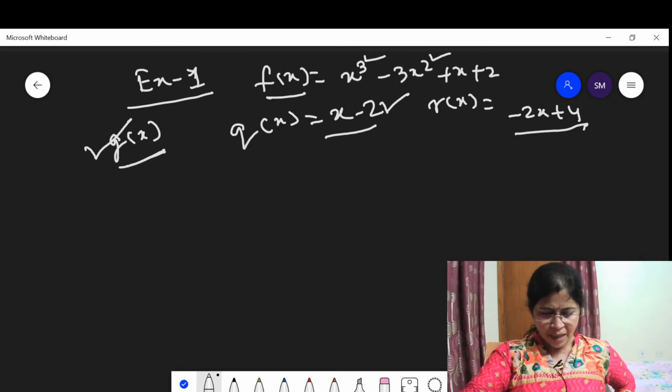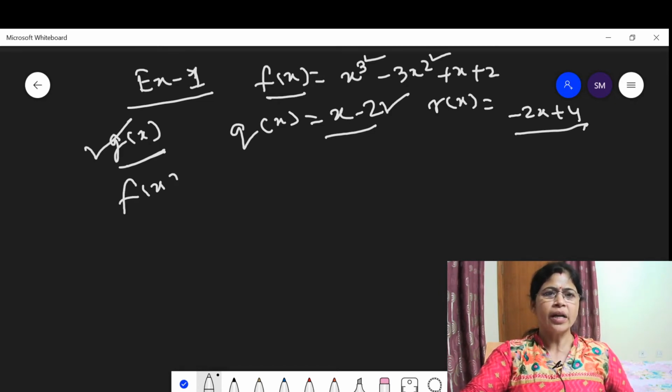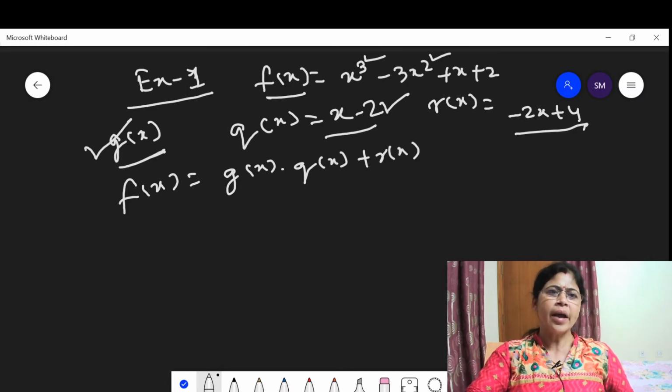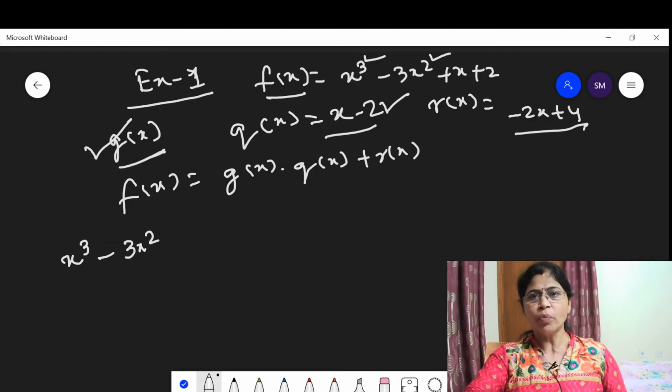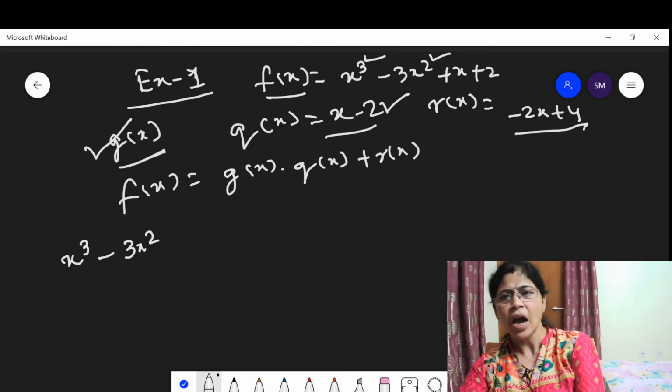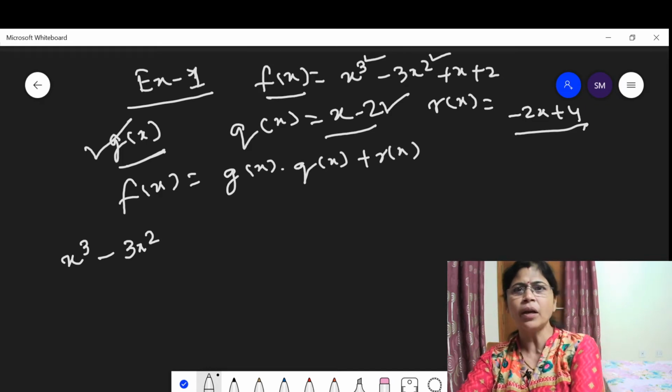Then find the polynomial g(x). Here you have to find g(x), and as you know, f(x) is equal to g(x) into q(x) plus r(x). Here f(x) is given as x cube minus 3x square plus x plus 2. This is a cubic polynomial, because the highest degree of the variable is 3.